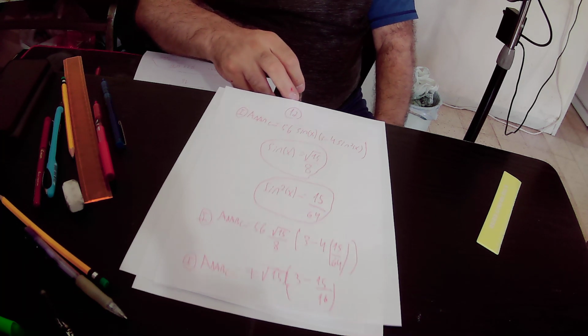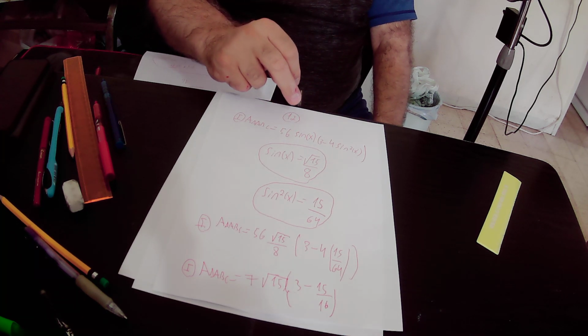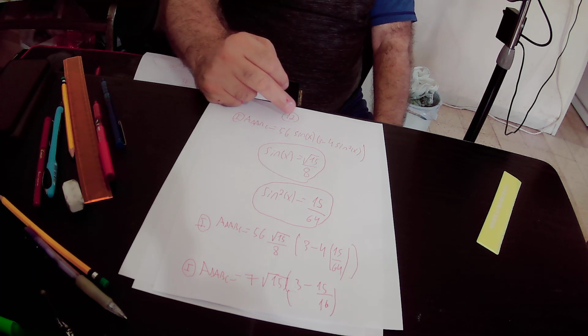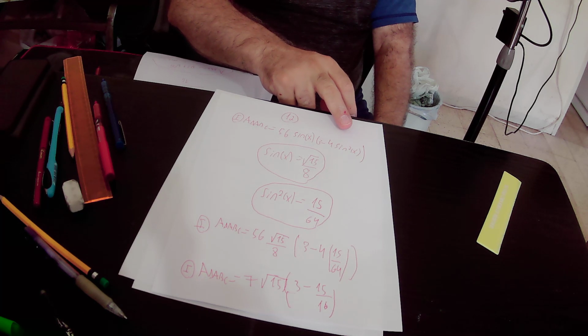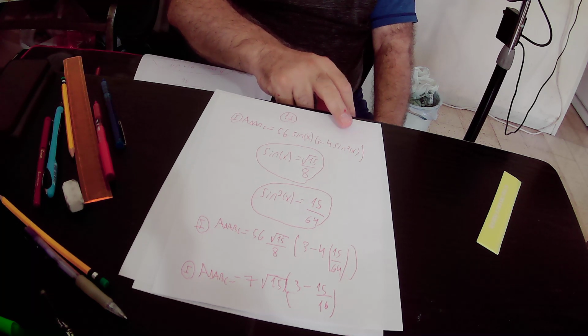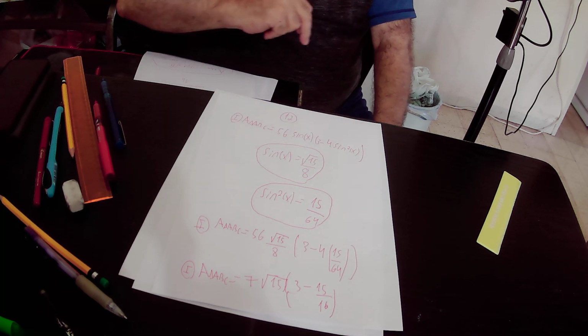So the only thing that is left is to substitute sine x by root 15 over 8 and to substitute sine square x by 15 over 64.